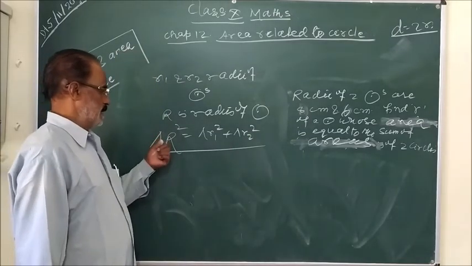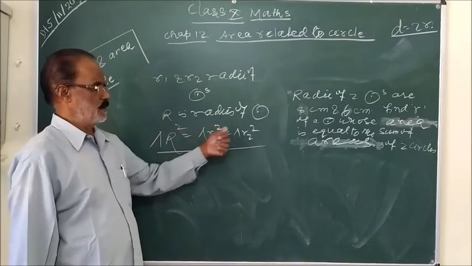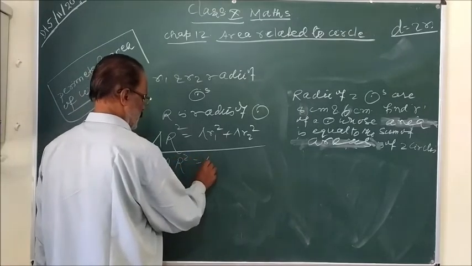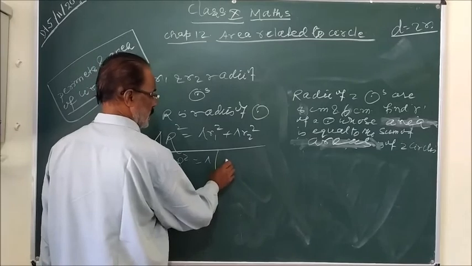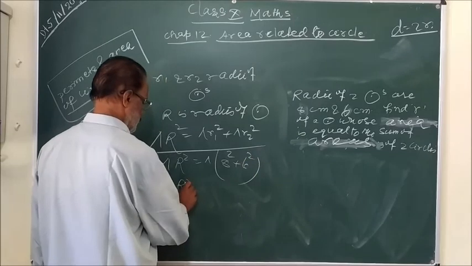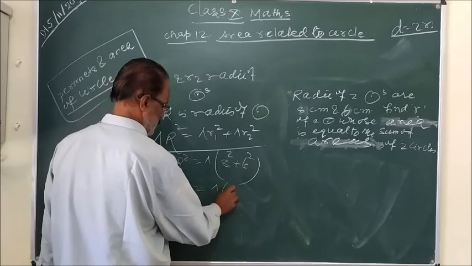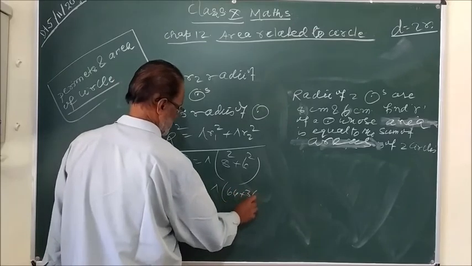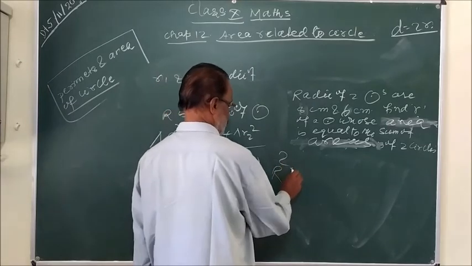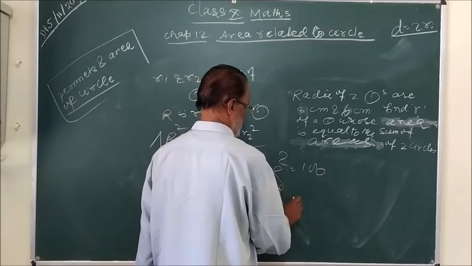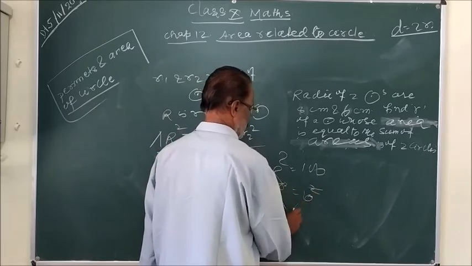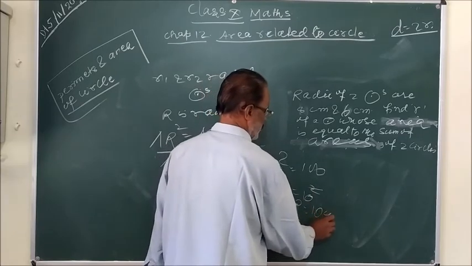So pi r square is equal to pi common, under it r1 square, 8 square, and 6 square. So r square is equal to pi times 64 plus 36 upon pi. Pi cancels. r square is equal to 100, which is 10 square, so r is equal to 10. This is the radius of the circle.